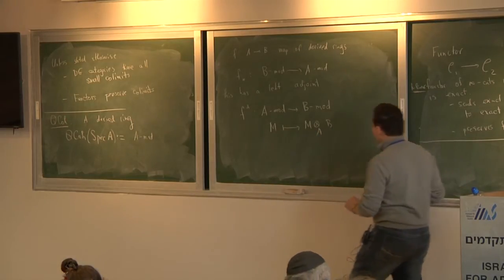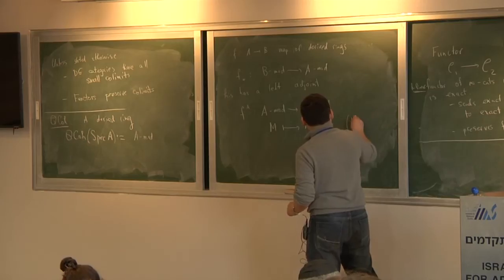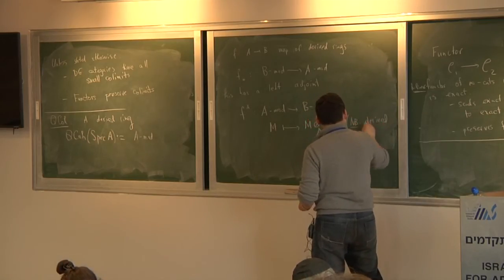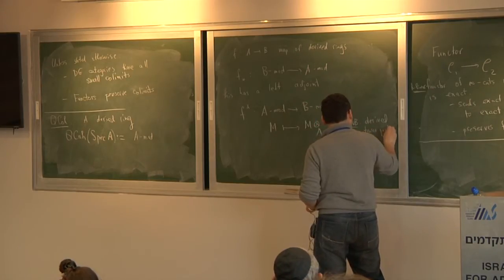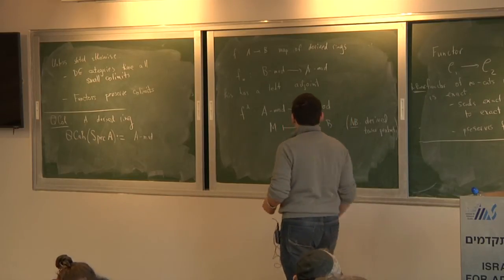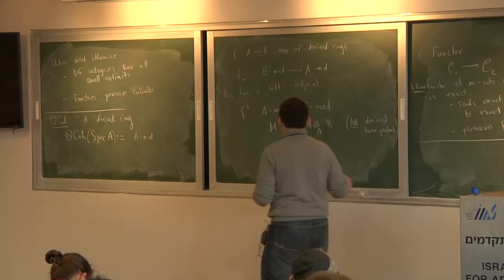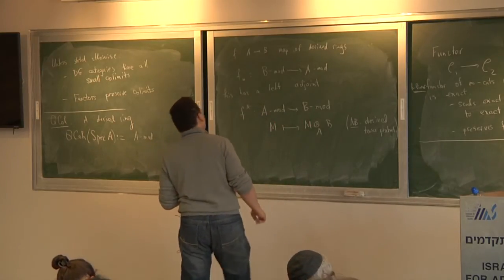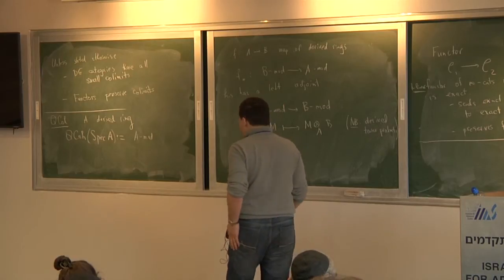But everything is derived. Okay, great. So we have these two functors, and we have some additional structure on these categories.